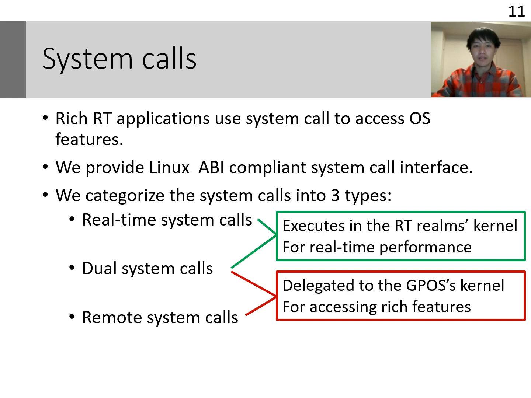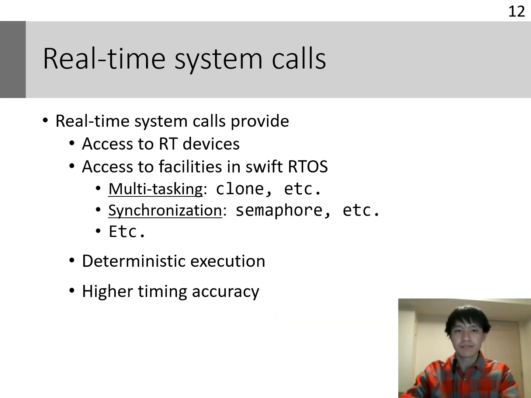I will now explain the real-time and remote system calls. Real-time system calls are used to access real-time devices and facilities in Swift RTOS, for example, the threading API and semaphores. These are handled locally as NuttX system calls and implemented in NuttX for deterministic execution and higher timing accuracy.